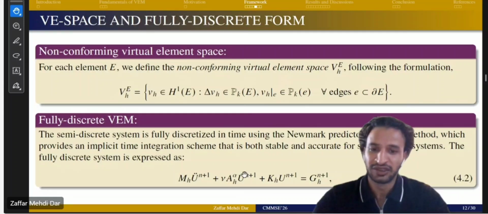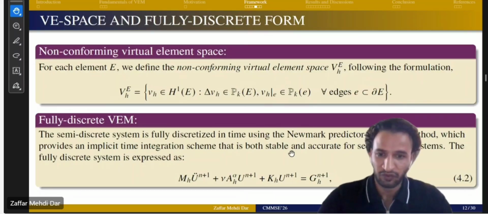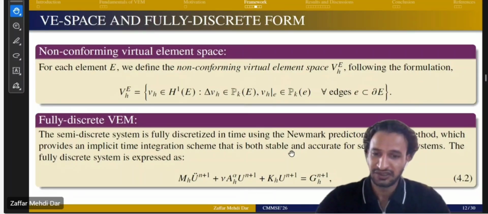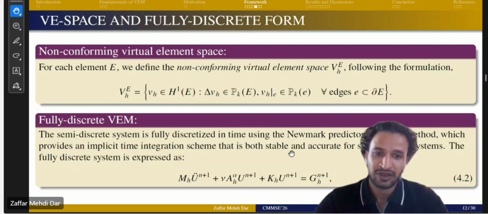First, we are going to have a set of degrees of freedom. We are going to choose a finite dimensional virtual element space, and these two are enough for us to proceed and implement the scheme. Now we have defined a non-conforming virtual element space that takes into consideration all the lower order and the higher order derivative terms from the governing model.